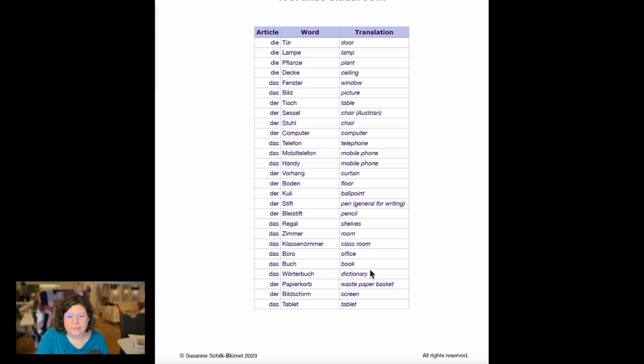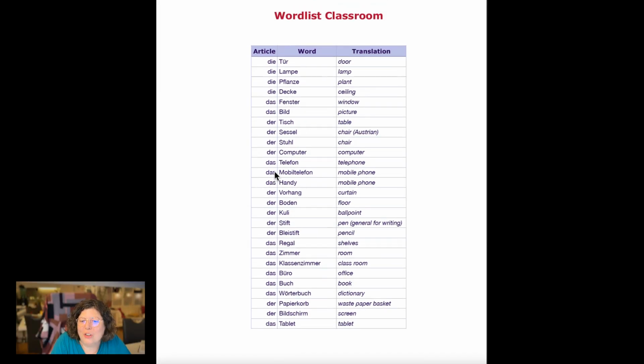Book. Dictionary. Wastepaper basket. Screen. Tablet.